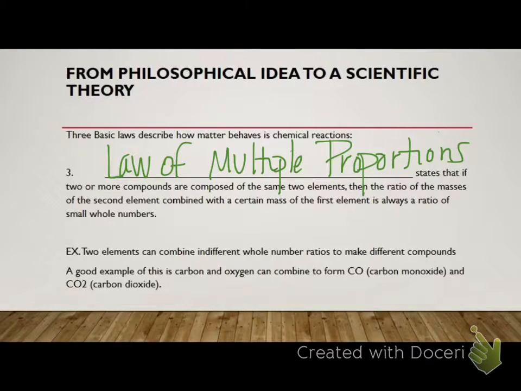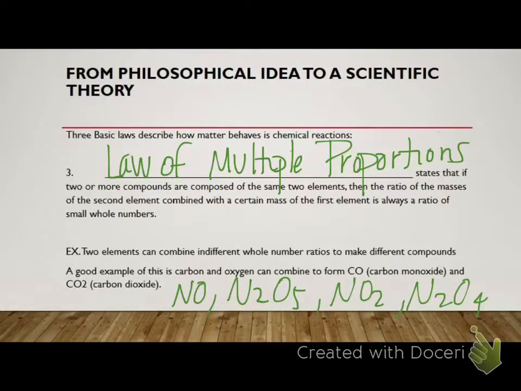When they do so, they're doing so in specific whole number ratios, but that's not the only way they can go together. For instance, carbon and oxygen can form carbon monoxide and carbon dioxide. That's an example of multiple proportions. Some other examples are nitrogen and oxygen. They can form NO, N2O5, NO2, and N2O4, just some examples of ways that they go together. Of course, when we get to bonding, that will make more sense.